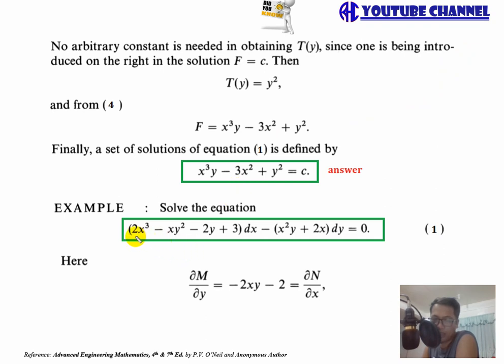Check natin si first derivative ng M with respect to y. Okay, ito 0 na yan. Ito 0. So, ang matitira natin dito is magiging negative. Derivative of y squared is 2y. So, negative 2xy. Then, ito, negative 2y. Okay tayo sa N, function of M. How about sa N? So, with respect to x naman. So, ito constant.